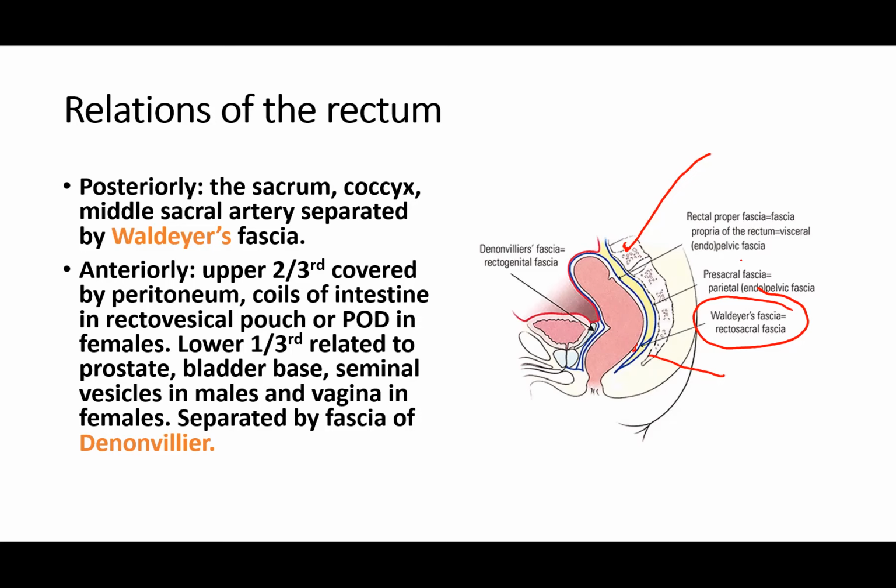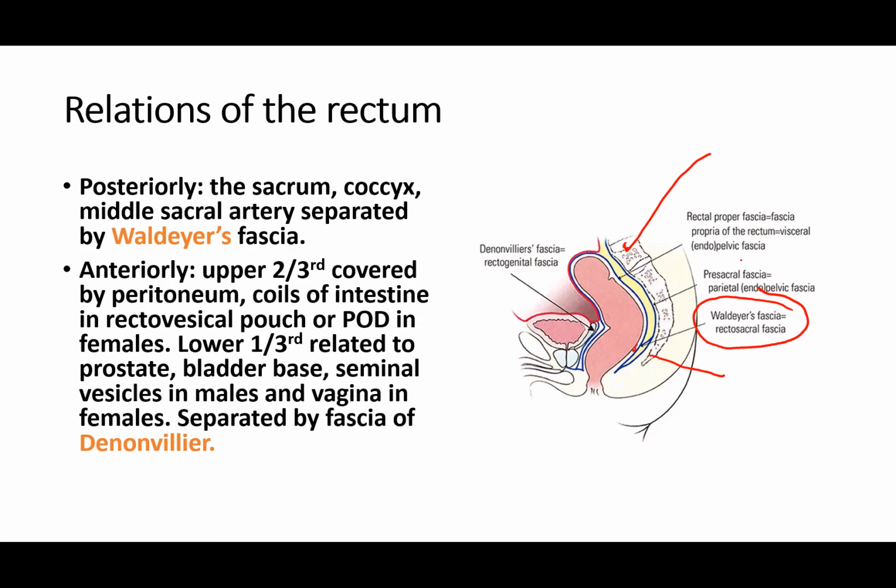Anteriorly, the upper two-thirds is covered by peritoneum, as we mentioned, and loops and coils of small intestine. Both the small intestine and the sigmoid can fall into the rectovesical pouch, or the pouch of Douglas in females.